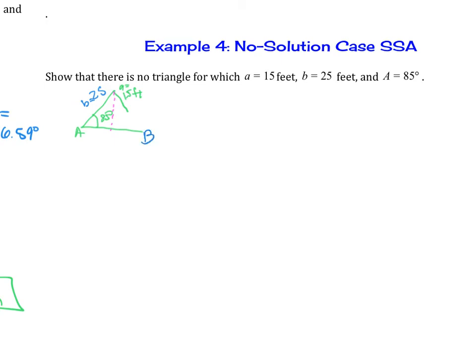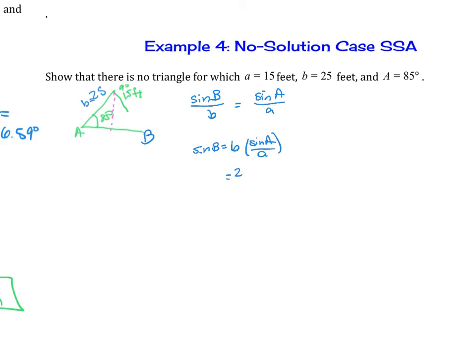Let's use sine of B over b equals sine of A over a, because we don't know angle B, so let's solve for that. Sine of B equals b times sine of A over a.